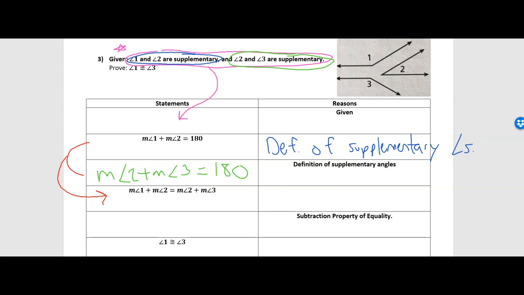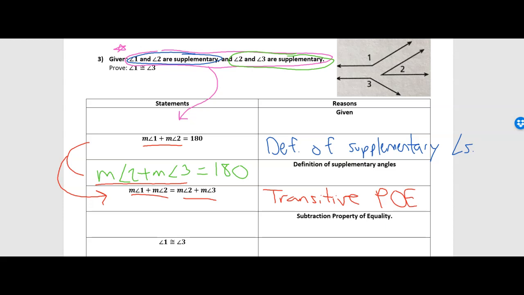So notice that 180 is equal to both of these expressions. Whenever two things are equal to the same thing, we can say that those things are equal to one another by the transitive property. And in this case, the transitive property of equality, because we have equal signs. Transitive property of equality.